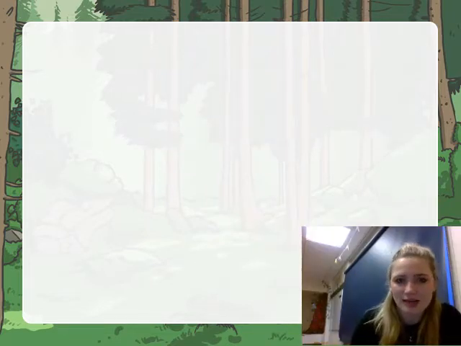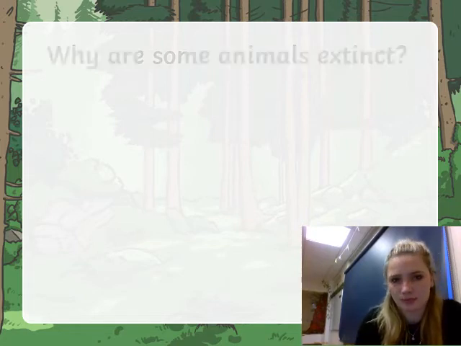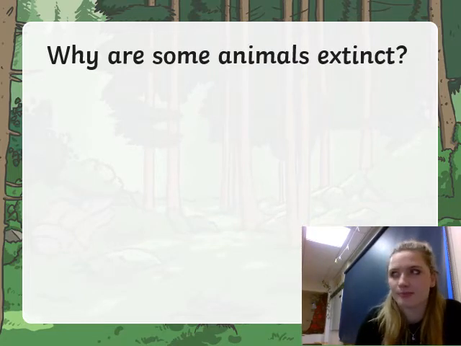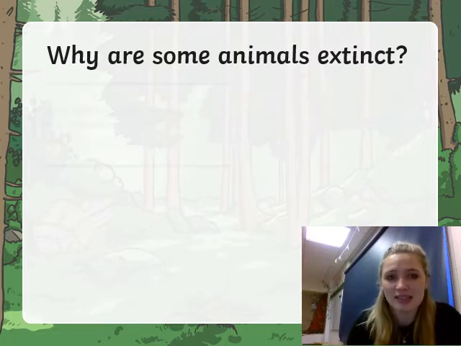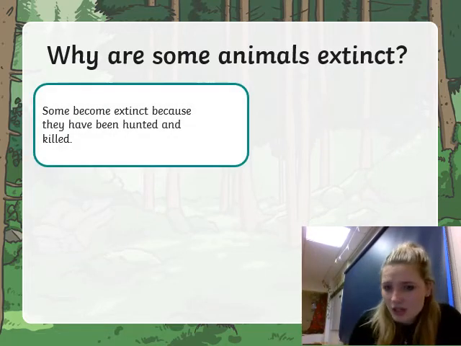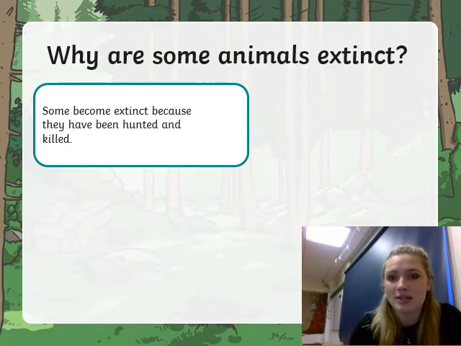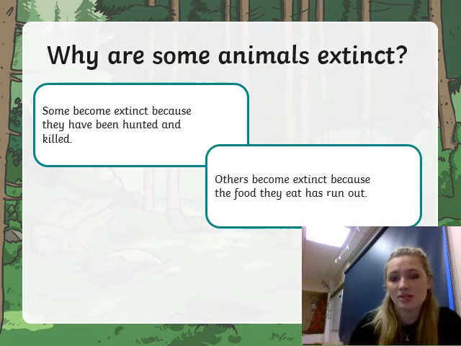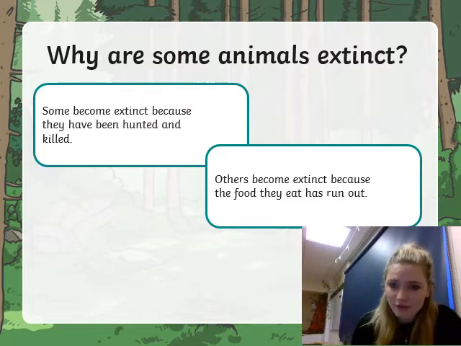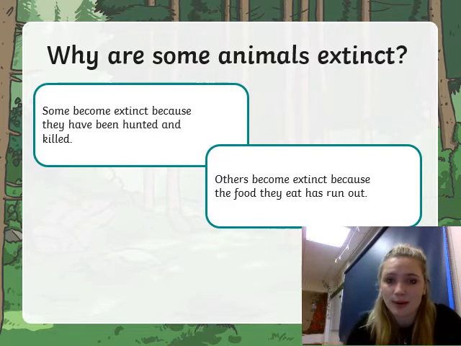Okay, so why are animals extinct? We know that they're extinct because some people have hunted them and killed them, so there's no more left because they've all been killed or eaten or hunted. Other reasons are because their food runs out, so if they haven't got enough food, obviously they can't survive, so therefore they can die out as well.